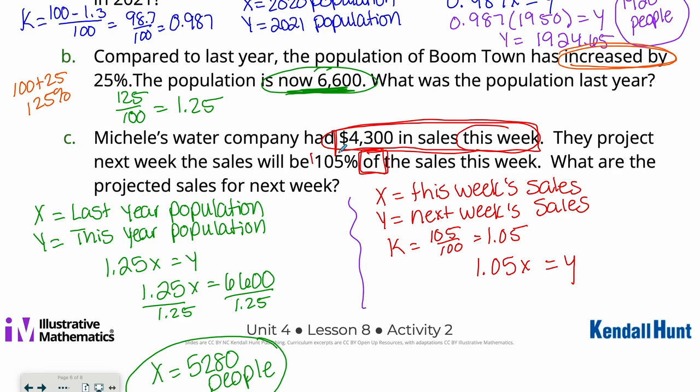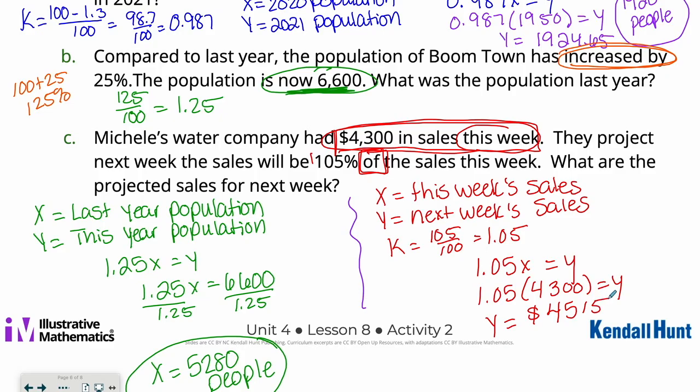We know the sales this week are $4,300. That is X. So we replace X with 4,300, multiply by 1.05, and you end up with next week's sales projected to be $4,515.